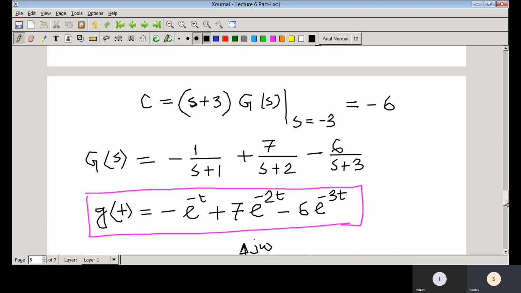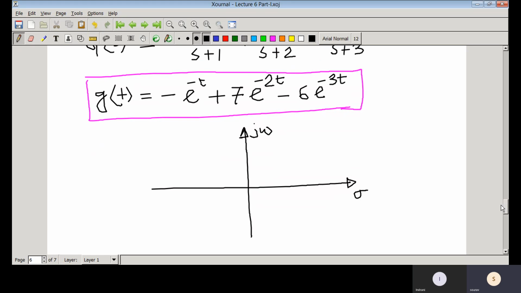So your zero is at -3 by 5, and you have the poles at -1, -2 and -3.